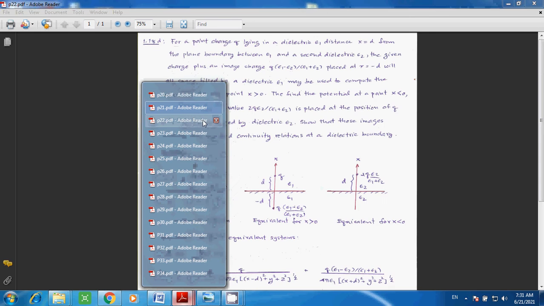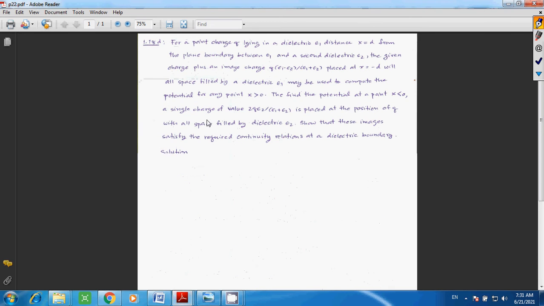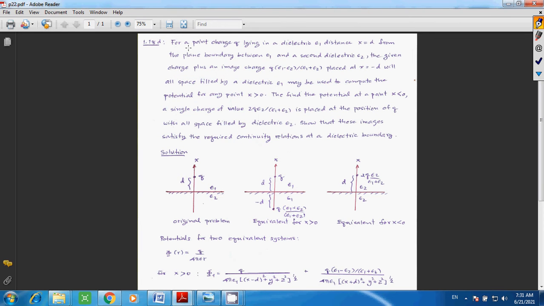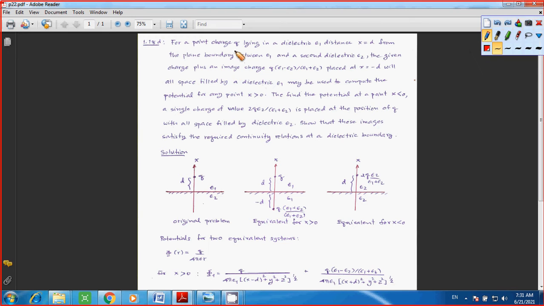Okay, let's move to problem 1.18d. For a point charge q lying in a dielectric epsilon 1 at distance d, this is the xy plane, and this one is the boundary.